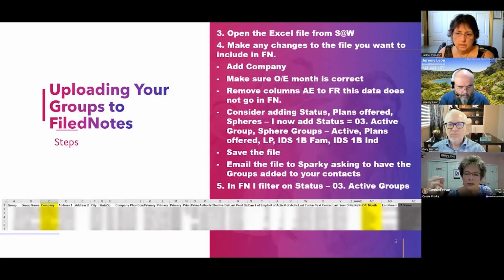I would say the spheres, the sales cycles, and the status are the most important things to consider adding, and that's really going to be your call. In hindsight, I would have added the status active groups on my first load if I had realized why that was important, but I didn't. So I had to do a bulk update later.